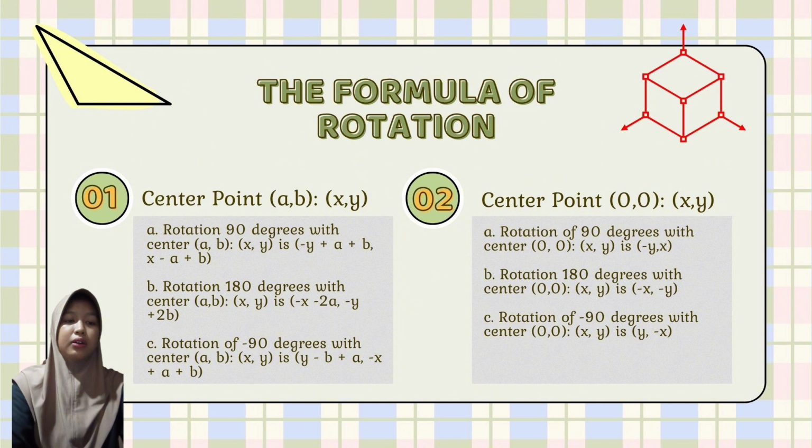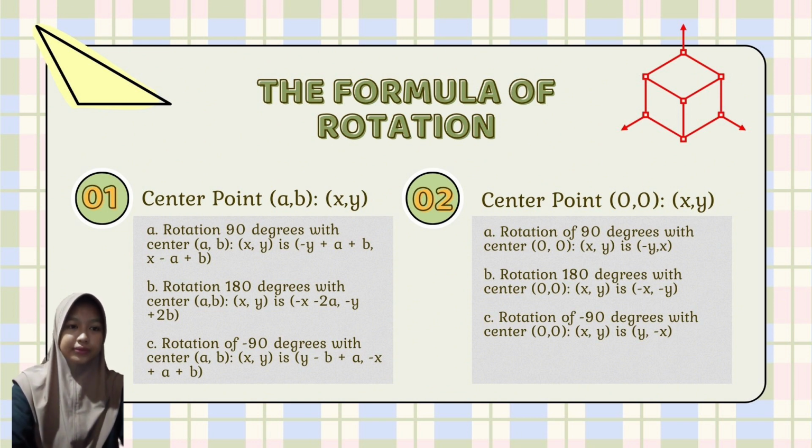For rotation 180 degrees with center A, B, x, y is minus x minus 2a, minus y plus 2b. For rotation of minus 90 degrees with center A, B, x, y is y minus b plus a, minus x plus a plus b.